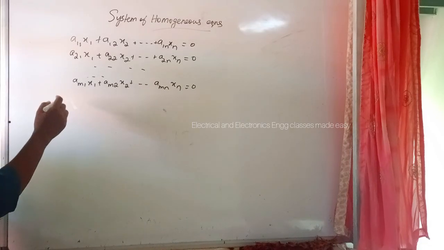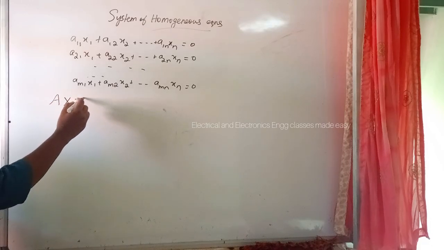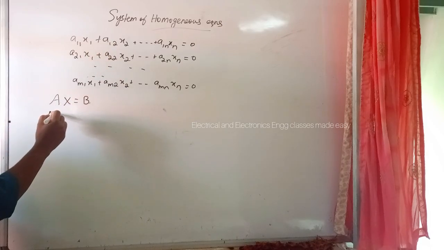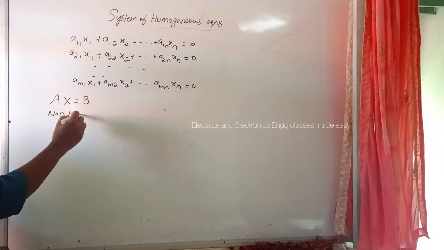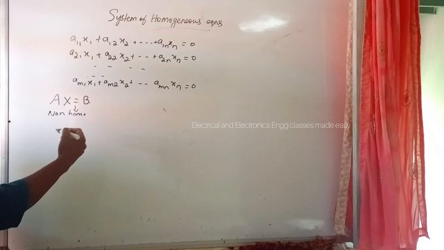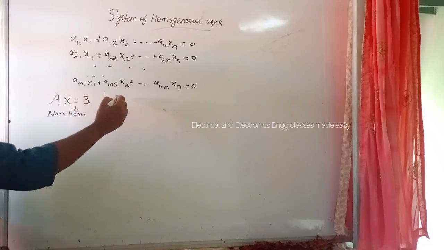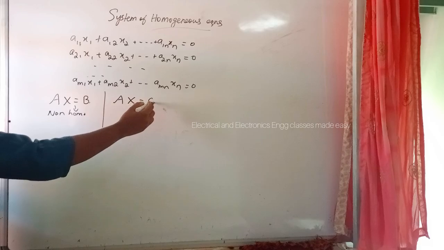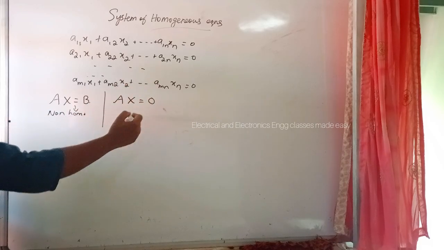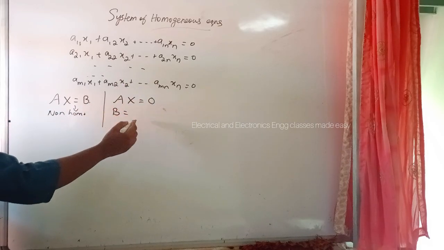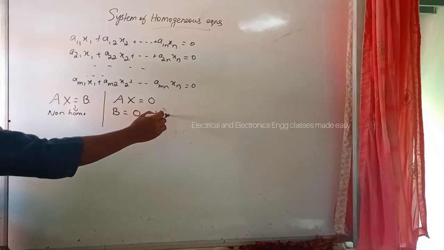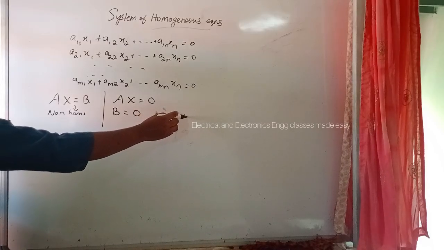So in the non-homogeneous system of equations, we have Ax equal to B, and this is homogeneous. So here Ax is equal to 0, that is here B matrix is equal to 0. So this is homogeneous system of linear equations.